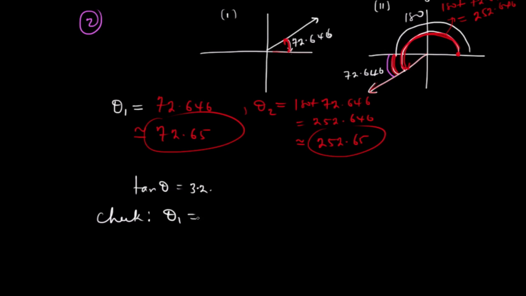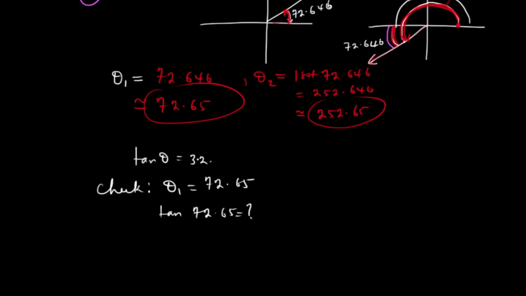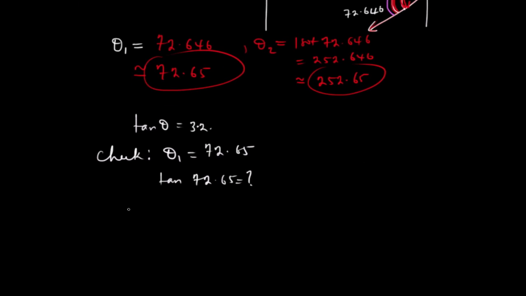For theta 1, which is 72.65, I'm going to check what the tangent of 72.65 gives me. And then I'm going to check the other one too, for theta 2, which is the tangent of 252.65. What will this give me?